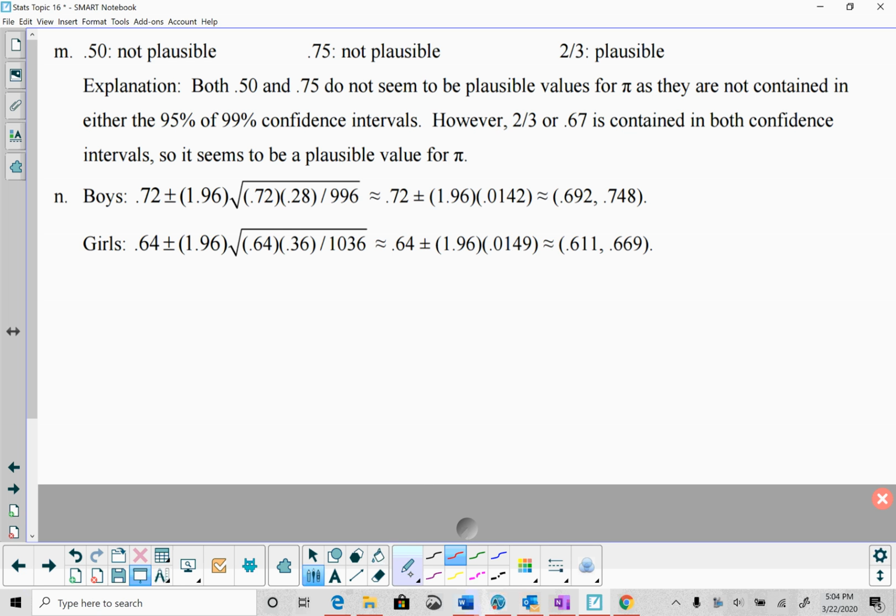Key things here are, again, they said 95, so our z star there has to be the 1.96. They gave you differing numbers. For the boys it was 72, so the 72 here and its complement, 0.28. For the girls, it was 64, so the 64 is here, and its complement. And again, the sample sizes were different for boys and girls.